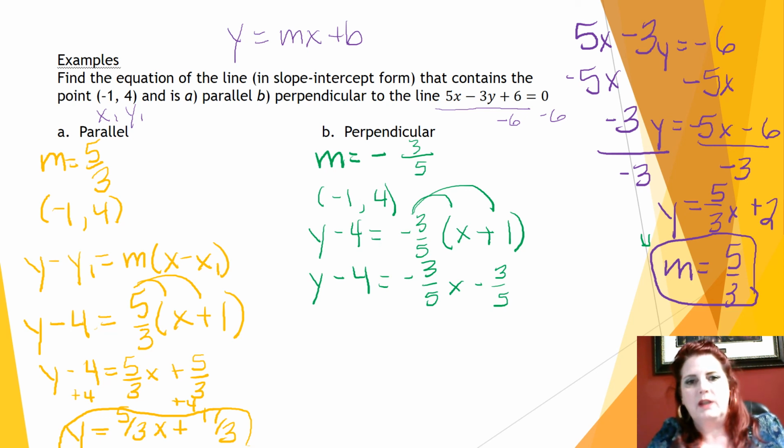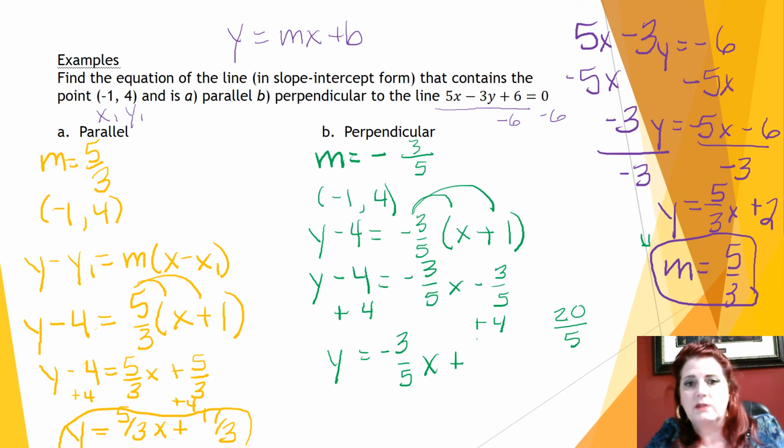And then we're going to add 4 to each side. And we get y equals -3/5 x. And 4 is the same thing as 20/5. And if we take 20/5 and subtract 3/5, we're going to have 17/5. And there's our answer, our equation for the perpendicular line.